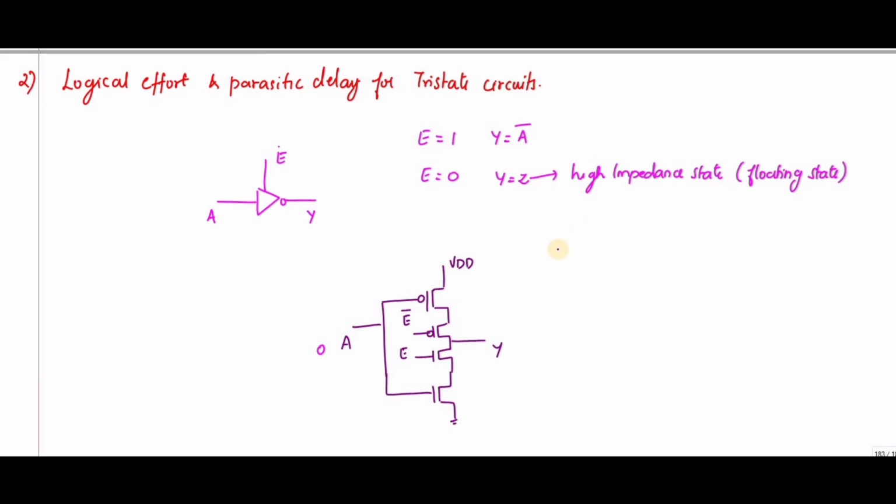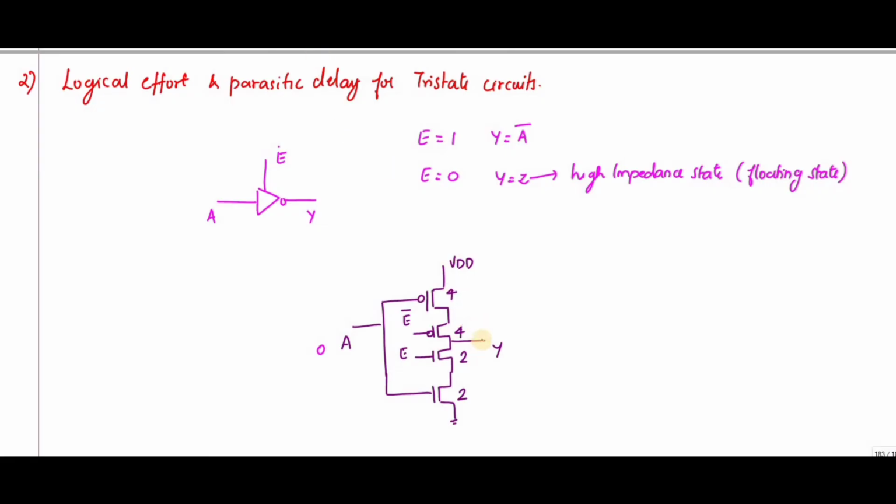For this one I need to size it and find the value of logical effort and parasitic delay. If I size this NMOS as 1, since 2 NMOS are in series, the value is 2. We know the PMOS value is 2, so since 2 PMOSs are in series, this will be 4.